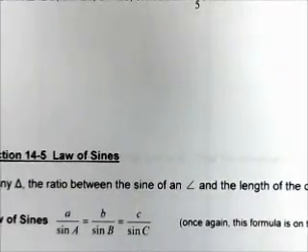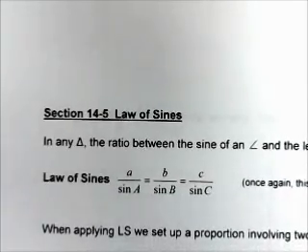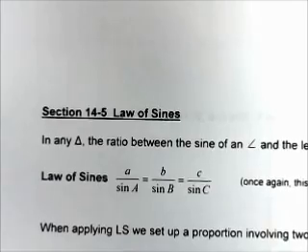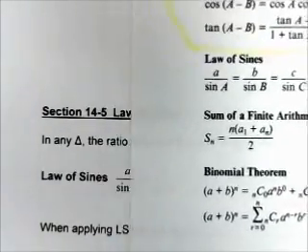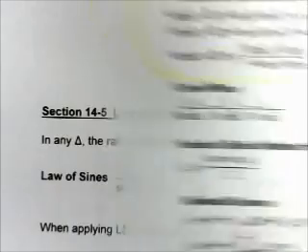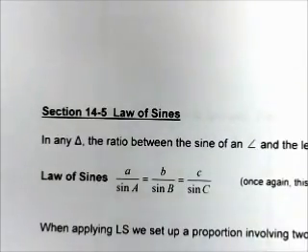Skipping example 5 for now, and going on to the next formula, which is law of sines. And law of sines is also on the reference sheet here. In any triangle, the ratio between the sine of an angle and the length of the opposite side is a constant.